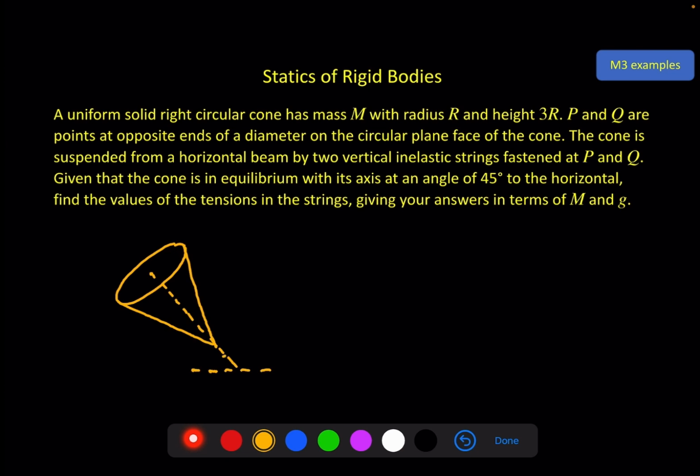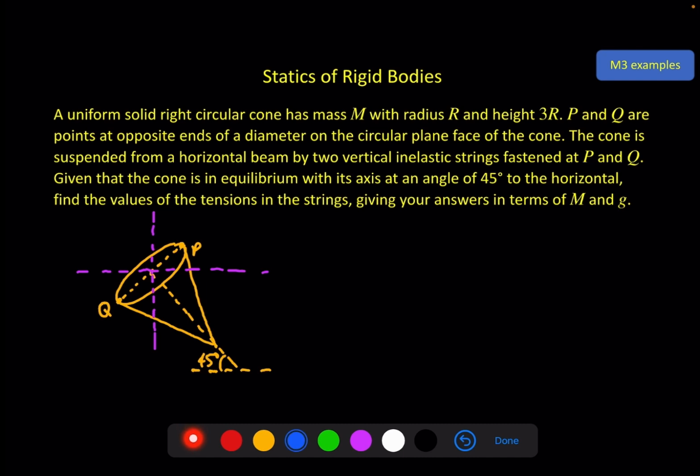Where this angle with the horizontal is 45 degrees. So let's put P here and Q here, where the diameter goes across like that. Horizontal axis here, vertical here, so that all of these little angles here are 45 degrees.